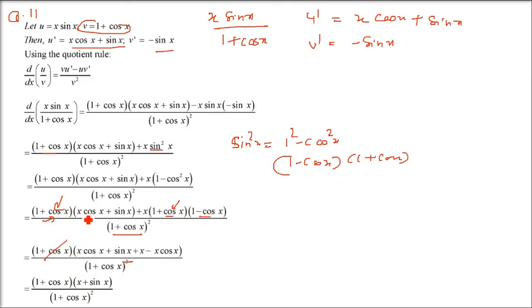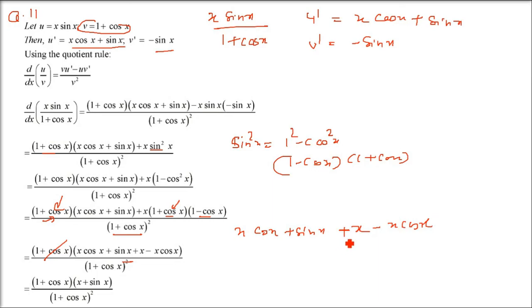One power you can cancel. Inside you have x cos x plus sin x plus x minus x cos x. Let me write it down: x cos x plus sin x plus x minus x cos x. What do you see here? x cos x you can cancel.